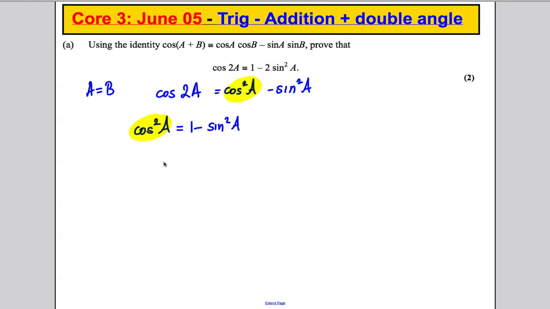So you could write that cos of 2A is 1 subtract sine squared of A, subtract another sine squared of A, and tidying that up you get 1 subtract 2 sine squared A as required.